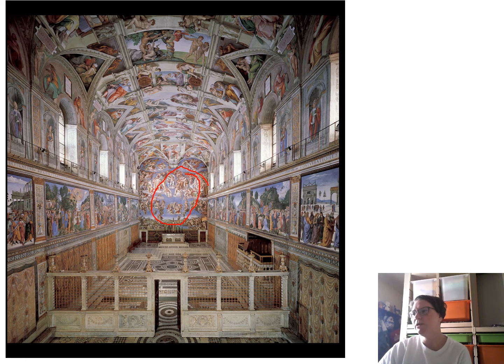When he first begins, you can tell that he's still working out some of the details in the representation of the figures, because they're not as strong as the ones that you see at the very end. When you compare the different scenes together, you get a sense that he learns as he goes.